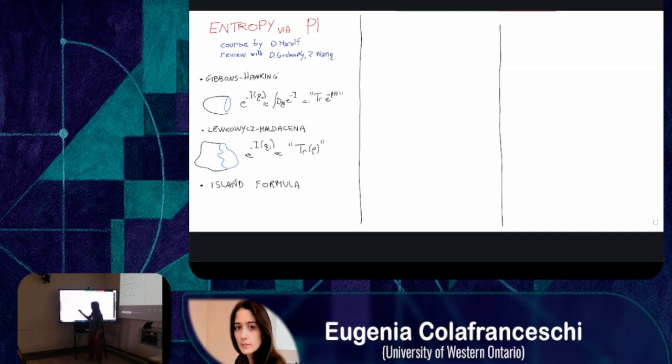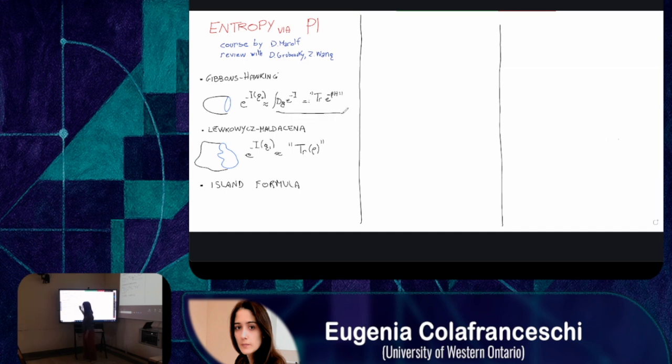Based on this analogy with standard quantum mechanics, the fact that in gravity the Hamiltonian is a boundary term, and the fact that a gravitational path integral should in principle sum over all possible geometries and topologies compatible with the boundary conditions of your problem, we wrote this guess.